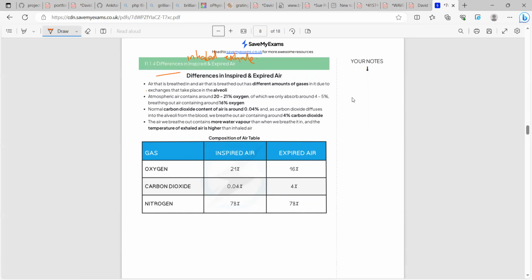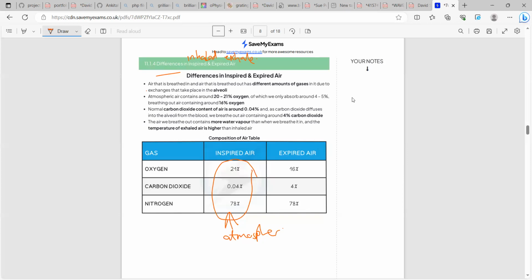Inspired air, this is the air that is in the atmosphere. Oxygen is about 21%, carbon dioxide is 0.04%, nitrogen is 78%. So when you breathe in, you're going to take all those gases in.